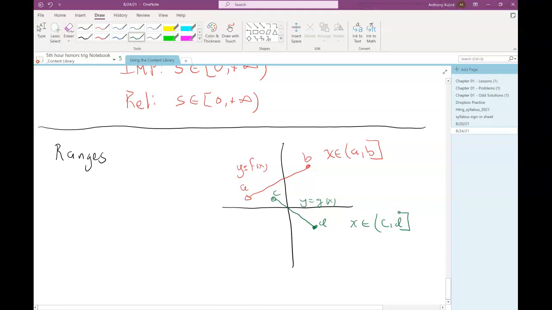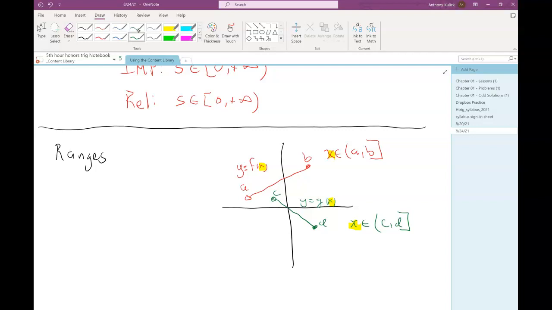Everybody's okay with that? Why is it x? Well, x is the independent variable in both cases, right? Okay. Now, if I want the... yes, Evan. Of course, yeah.